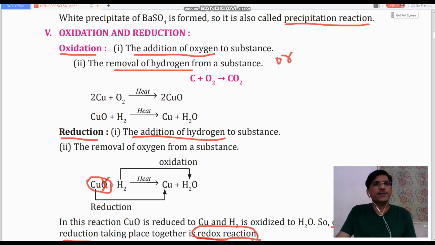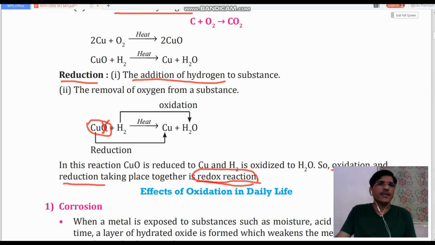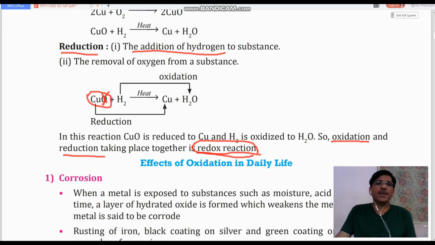Again I repeat, where oxygen is added or hydrogen is removed, it is oxidation. In reduction, there is addition of hydrogen or removal of oxygen. When both reactions take place in one reaction, we call it a redox reaction.